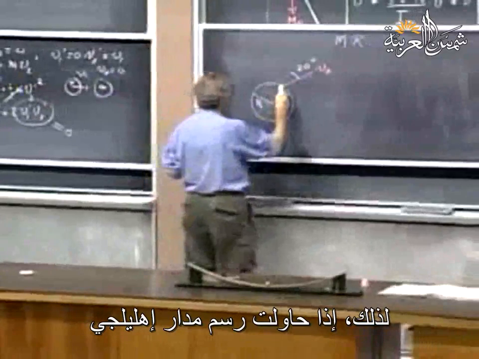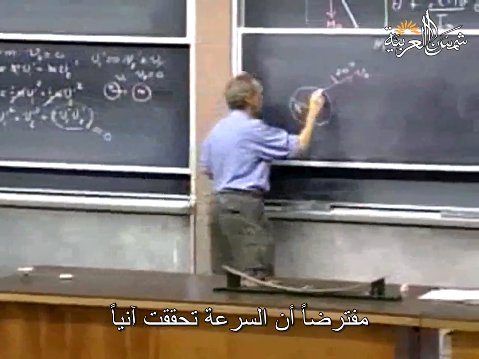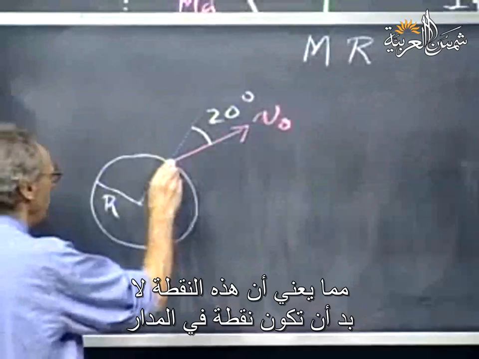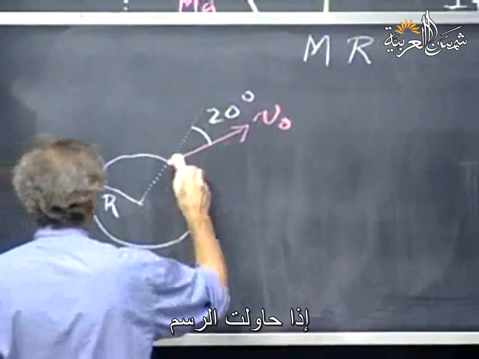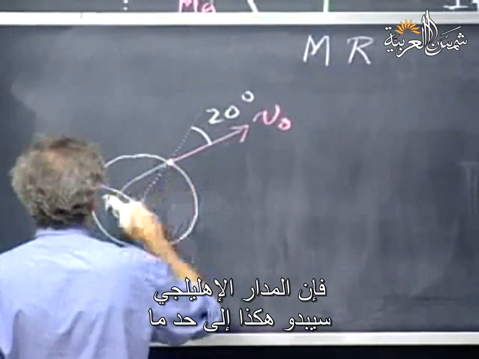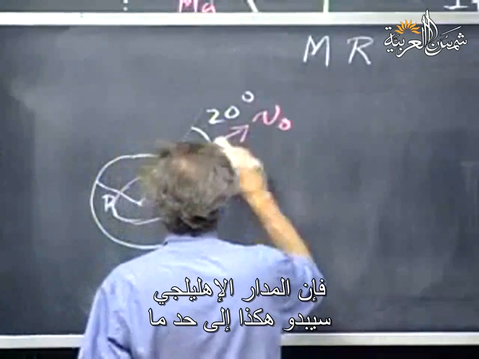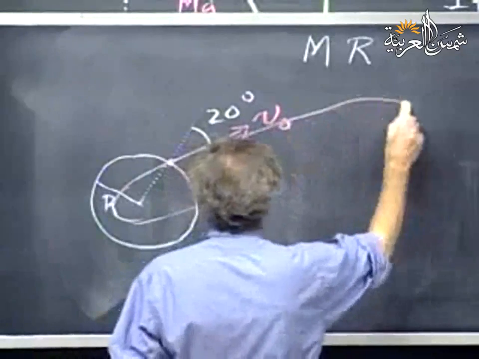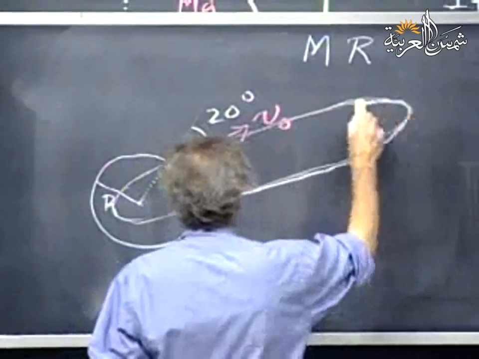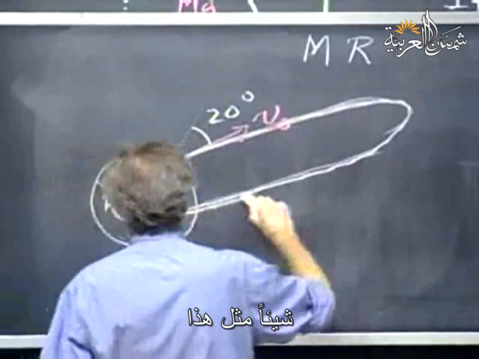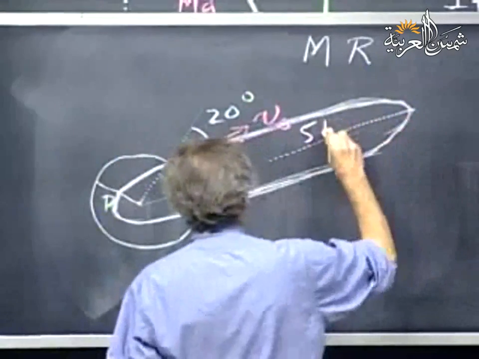So, if I try to sketch the elliptical orbit, assuming that the velocity is instantaneously reached, that means this point must also be a point of the orbit. If I try to make a sketch, then that elliptical orbit would look something like this. Something like this. And then this distance is 5r.